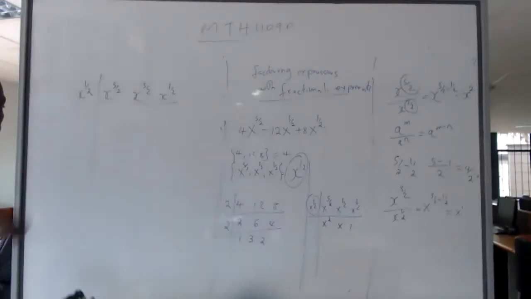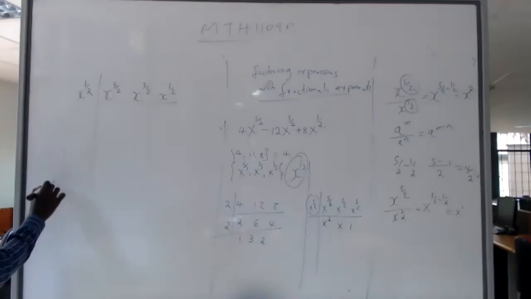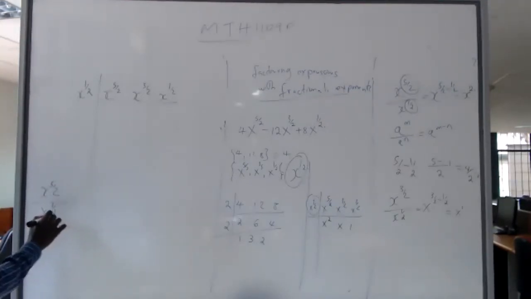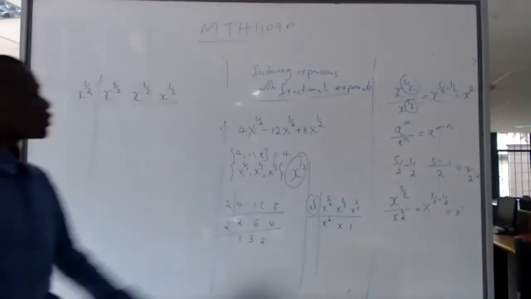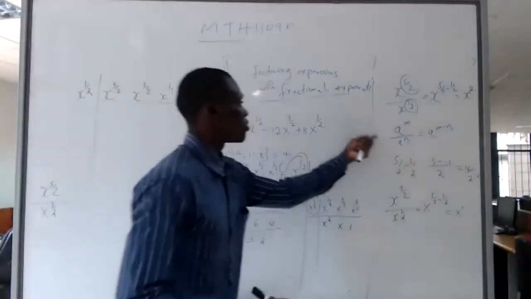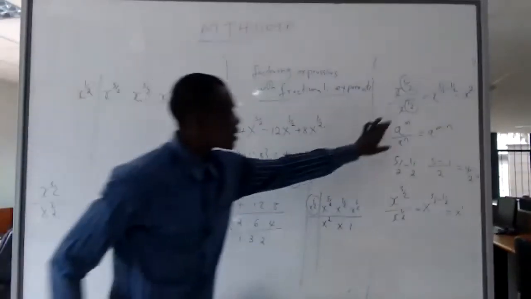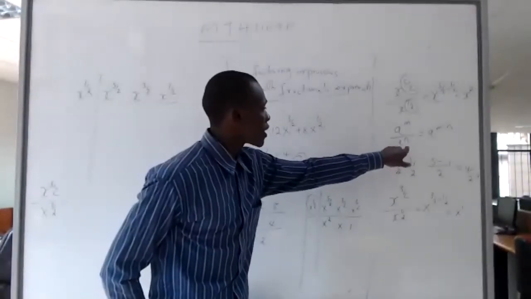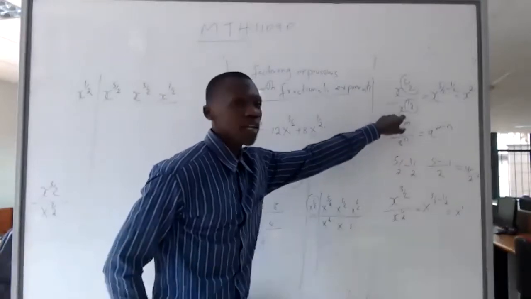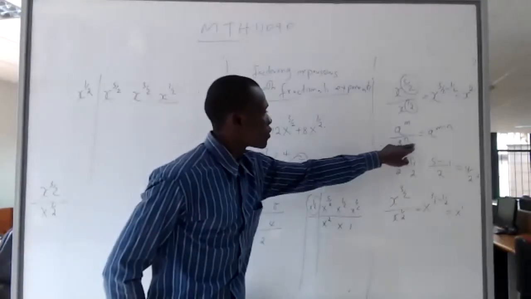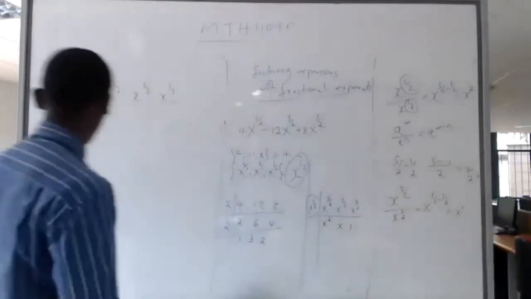So for the first part, I will need x power 5/2 divided by x power 1/2. Anytime you're dividing exponents with the same base, just subtract the index of the denominator from the index of the numerator.